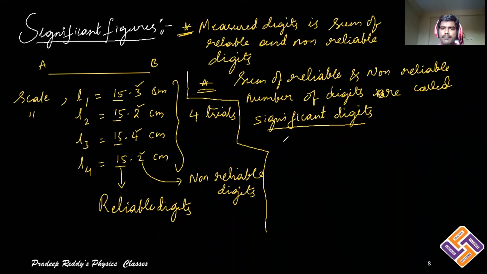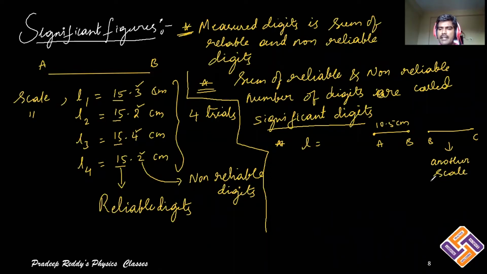For example, let me take two line segments, AB and BC. When measuring AB you have got a length of 10.5 centimeter. For BC you have used another scale, say vernier calipers, which can resolve 1 millimeter into 10 parts.